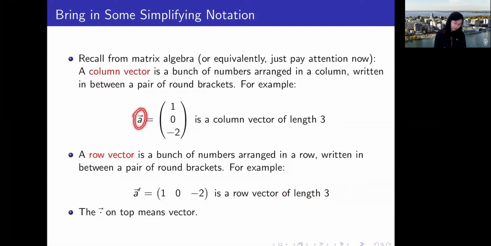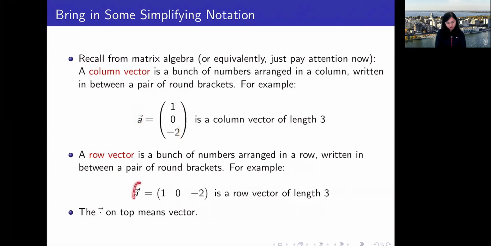Now I want to explain this notation. The arrow on top of the symbol, this arrow, not error, this arrow on top of the symbol stands for vector. So a letter with an arrow on top means vector A. So A with the arrow on top is vector A, and this vector A is this column vector.